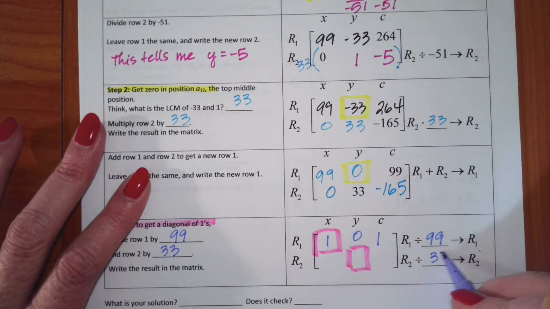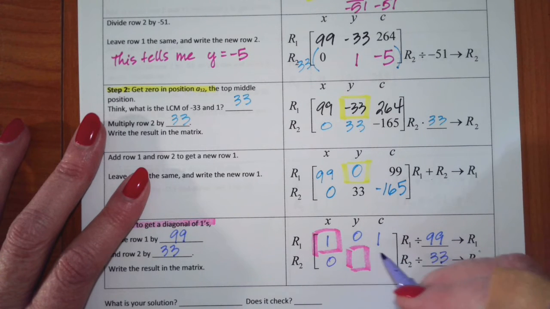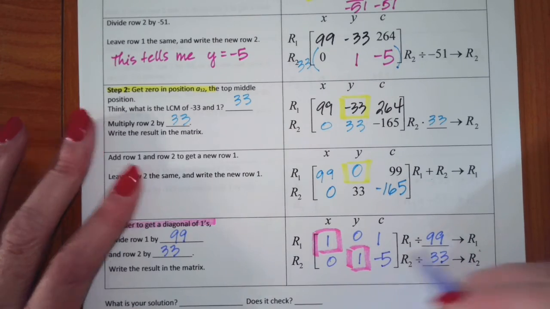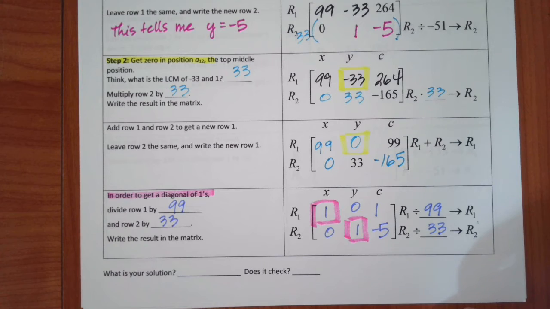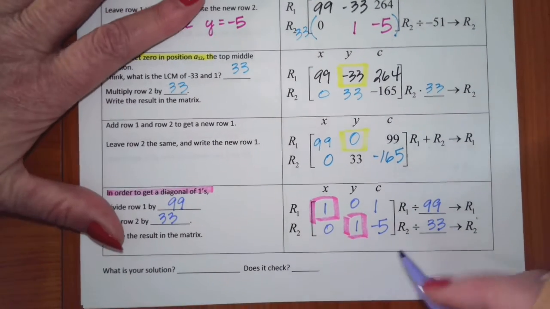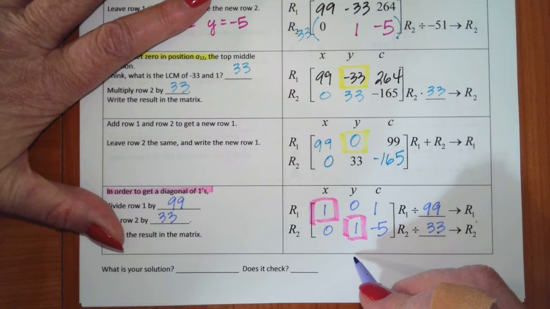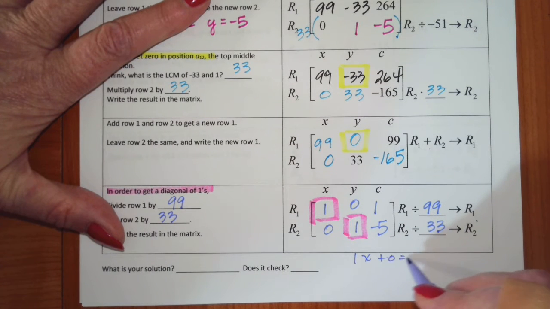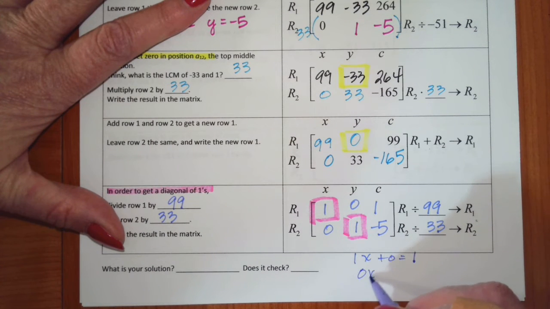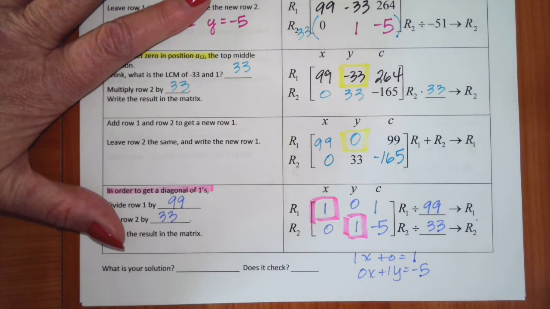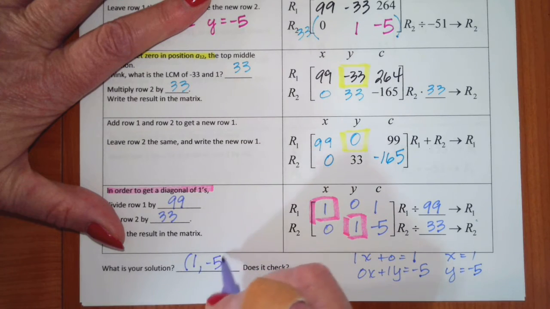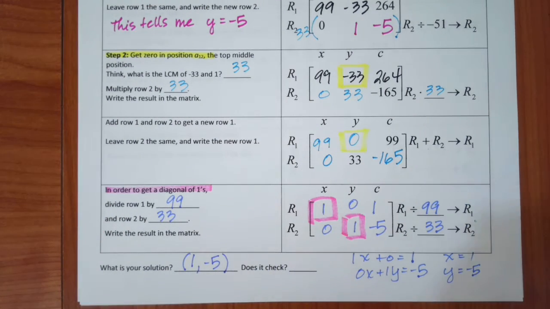So row 2 divided by 33 is going to give me 0, 1, negative 5. So of course this tells me that 1x plus 0 is equal to 1 and 0x plus 1y is equal to negative 5. So I know my solution is x equals 1 and y equals negative 5. So it is 1, negative 5.